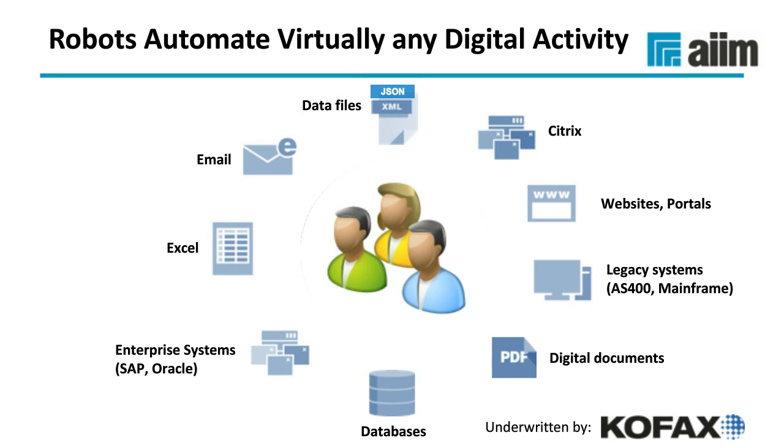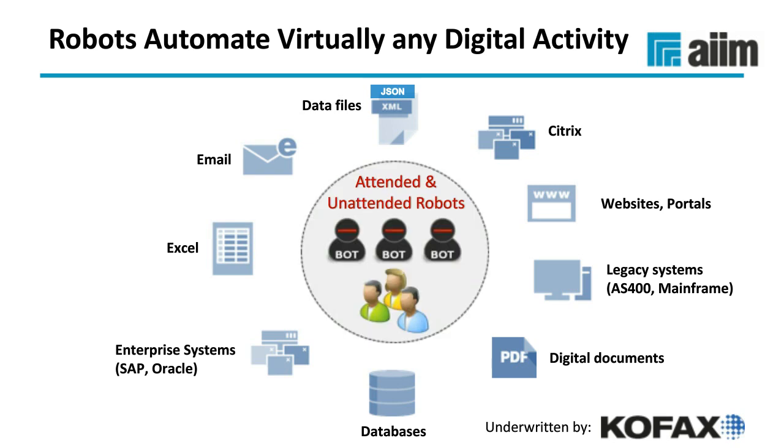I will point out one other important note. With RPA, I've spoken mostly around attended operations. Well, robots can be designed to take what's an attended operation today and make it an unattended one. And I also noted in my visualization that you can have both.